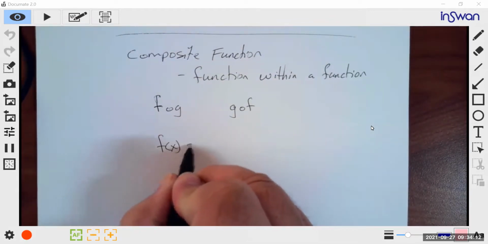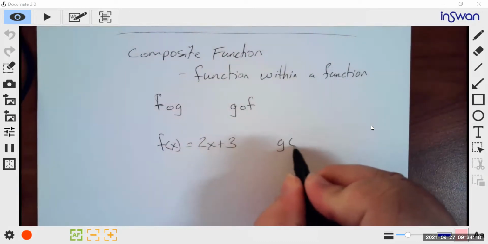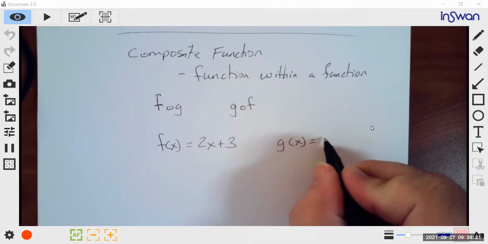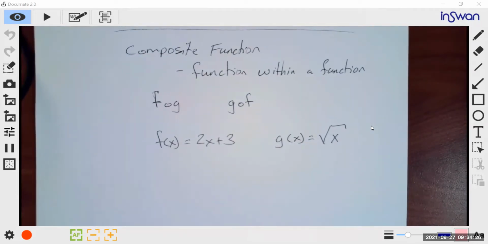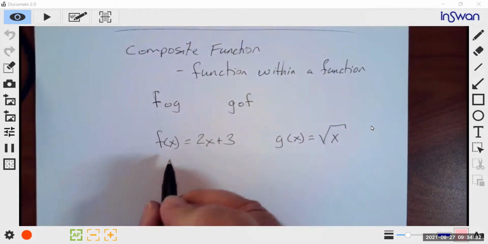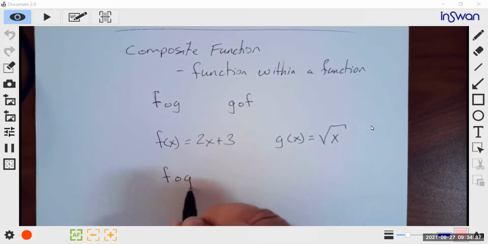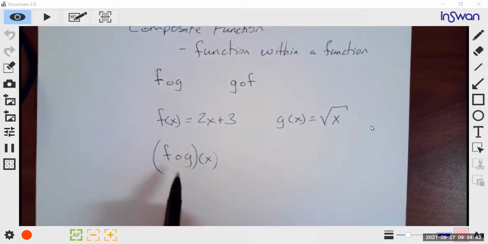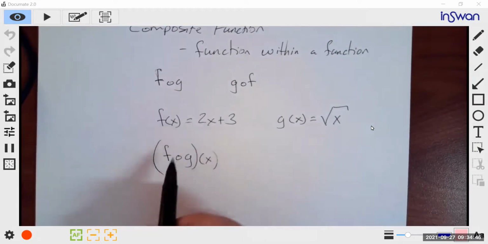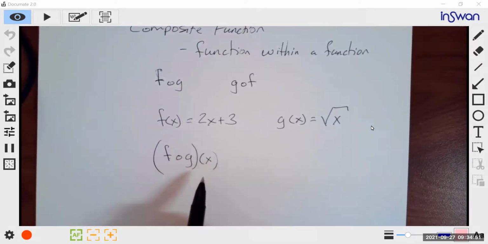Let's say we had two functions. Say f of x is 2x plus 3, and then function g of x is square root of x. A composite function is actually read f of g of x.